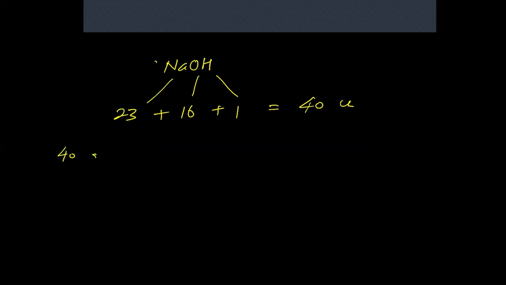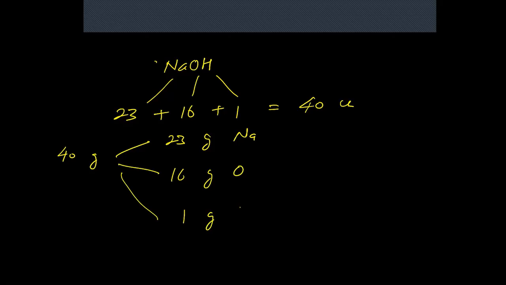If I say NaOH, sodium 23, oxygen 16, hydrogen 1, total 40. It means 1 mole is 40 grams. And it means 40 grams will have 23 grams sodium, 16 grams oxygen, and 1 gram hydrogen.